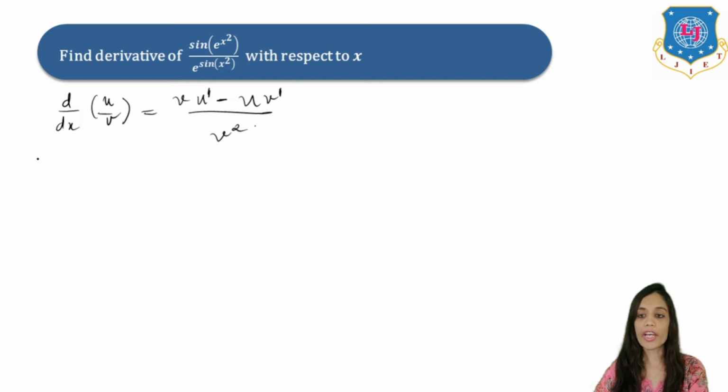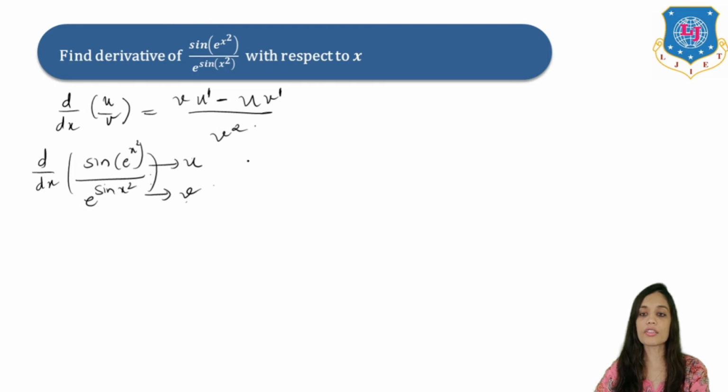So I have to find now the derivative of this. You have to do the derivative very carefully. So this is u and this is v. Firstly, I will write my v square. So it will be e raised to sine x square whole square.